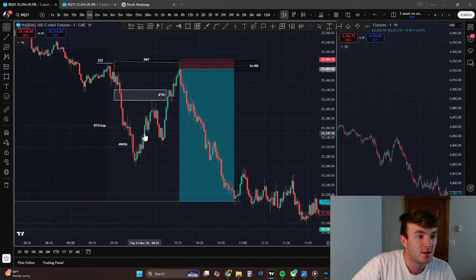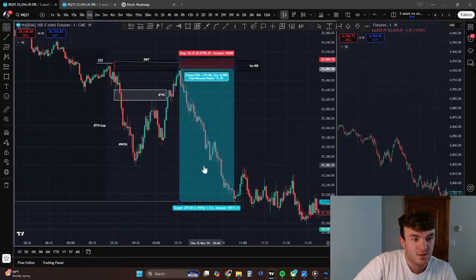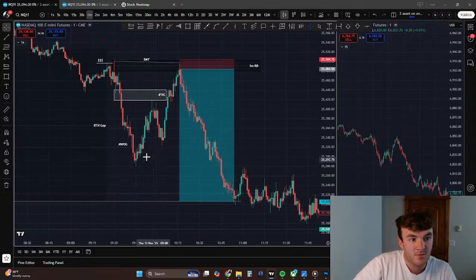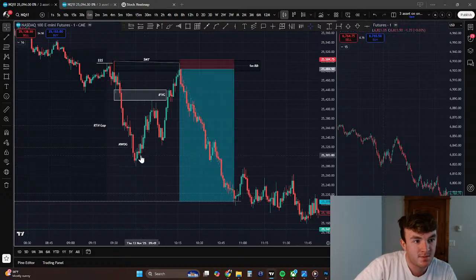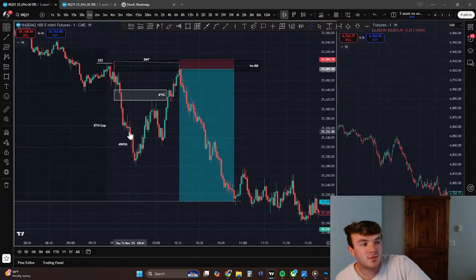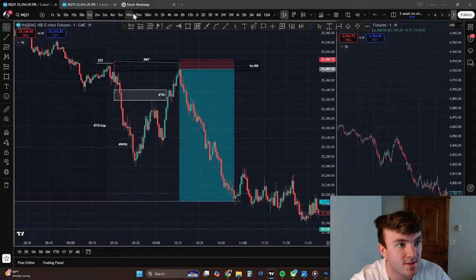I think, once again, the issue is just unfilled NWOG, unfilled RTH gap below, and sometimes when there's a pattern, like a super IFG with super good signature, but there's not really the higher time frame model framed.